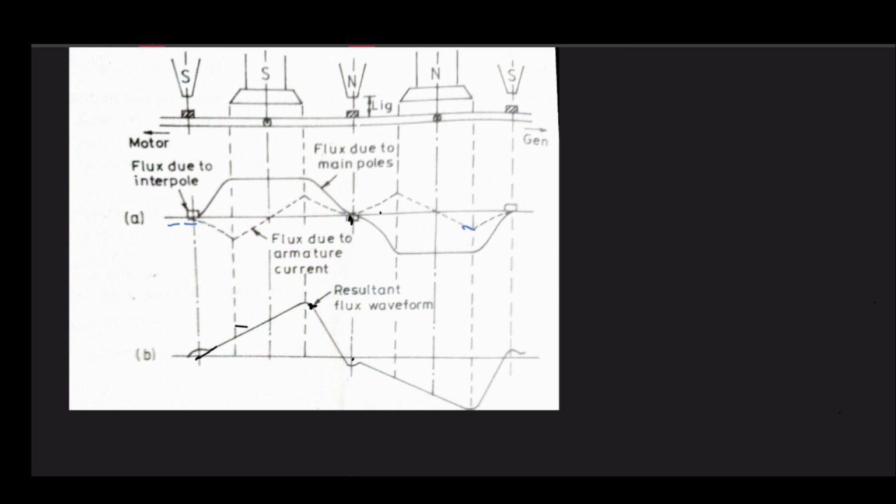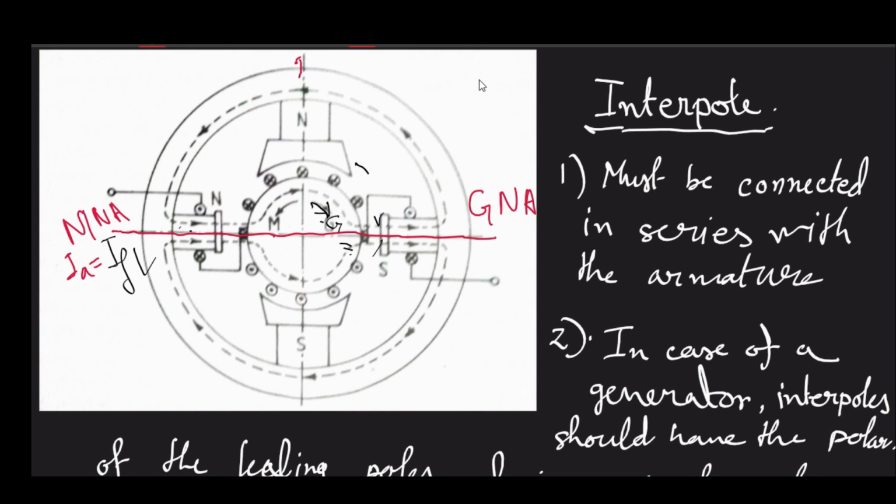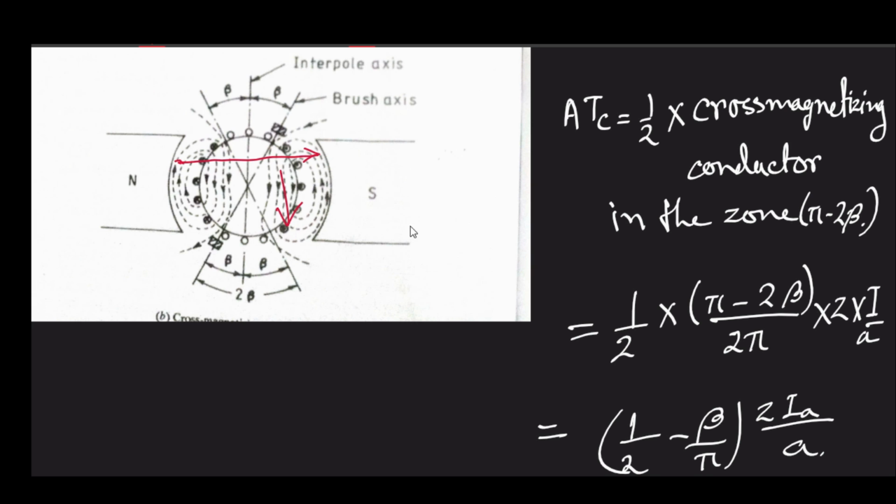So the armature cross magnetizing ampere turn per pole is what we observed in the previous case, before introduction of the interpole.